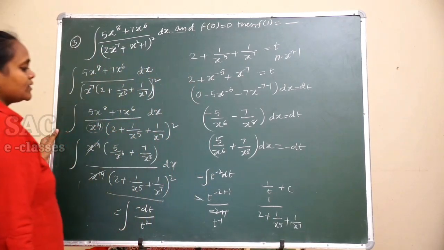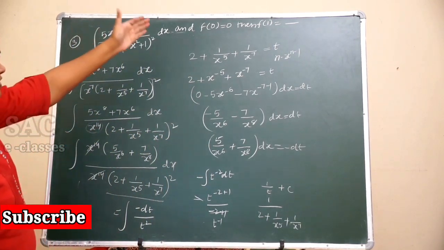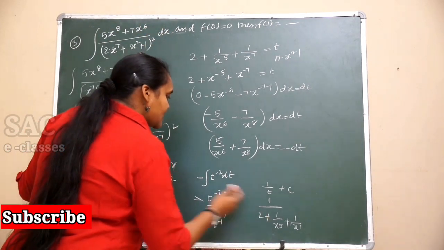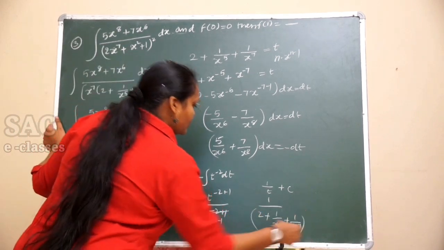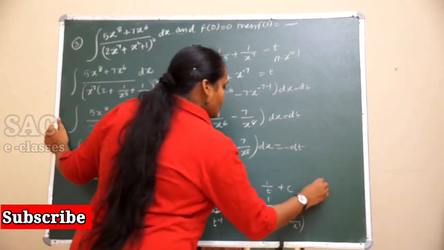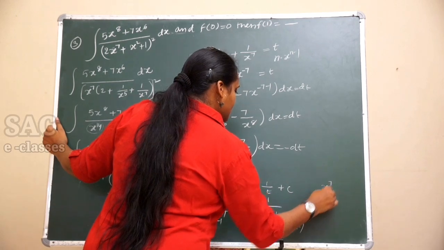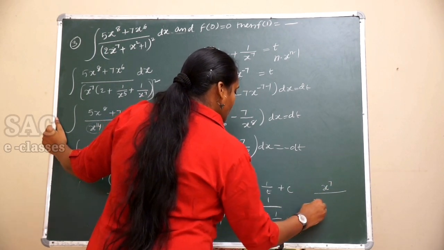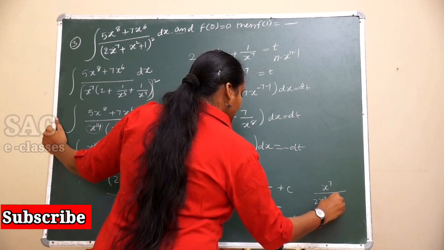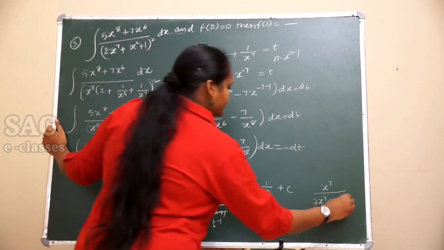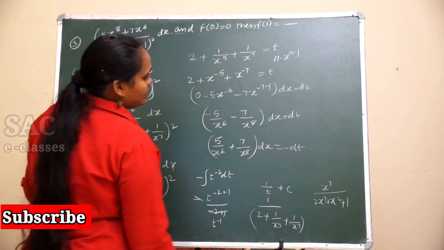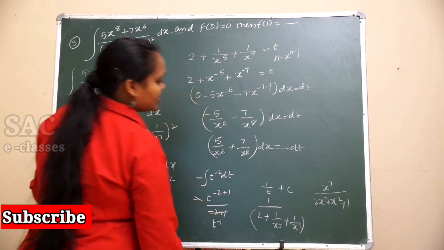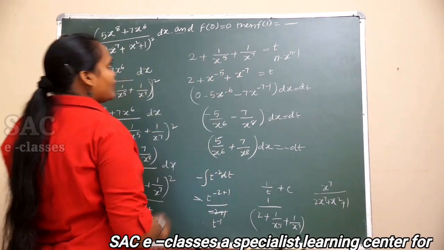They already said that f of 0 is equal to 0. That means they are asking you to express it as a simplified fraction: x power 7 by 2x power 7 plus x square plus 1. This is the answer. If I substitute 0, 0 by 1, so it is 0. Now they are asking you to find f of 1.